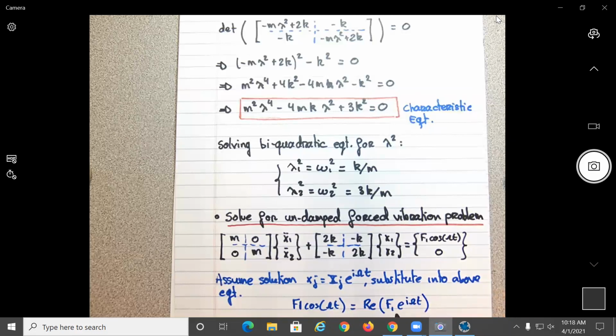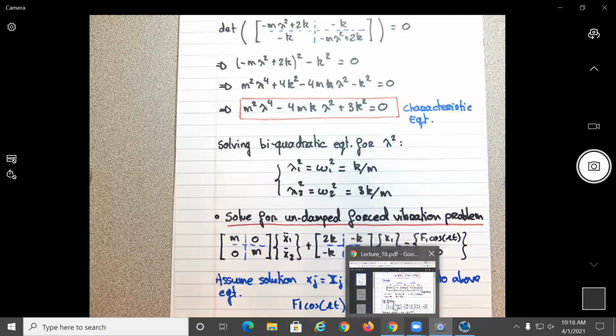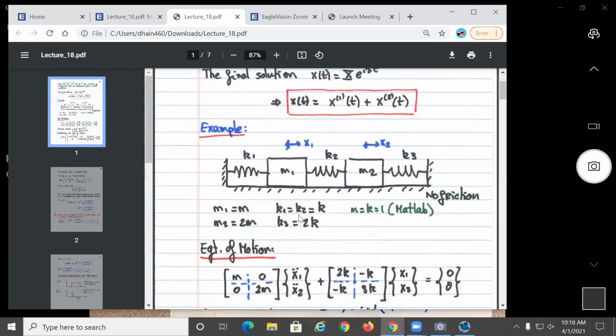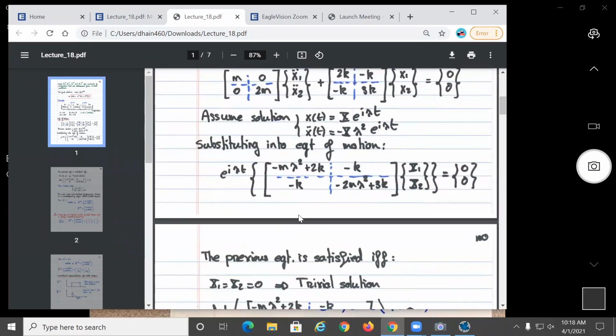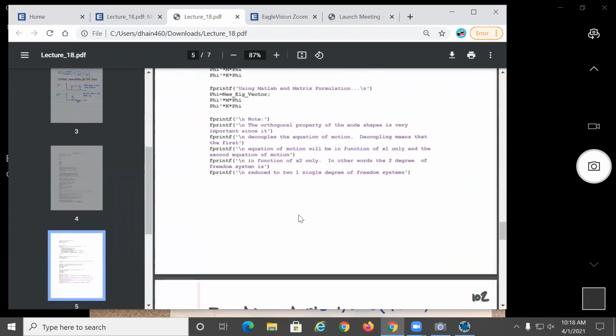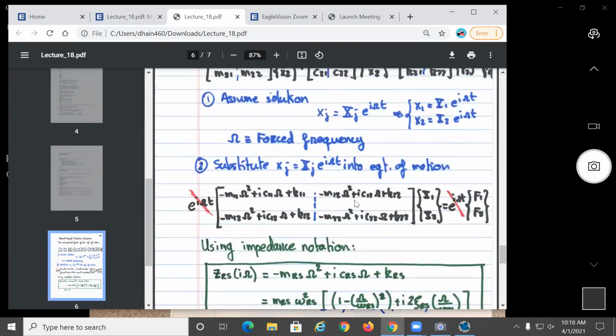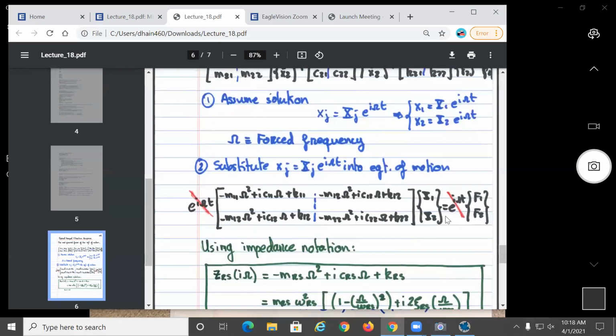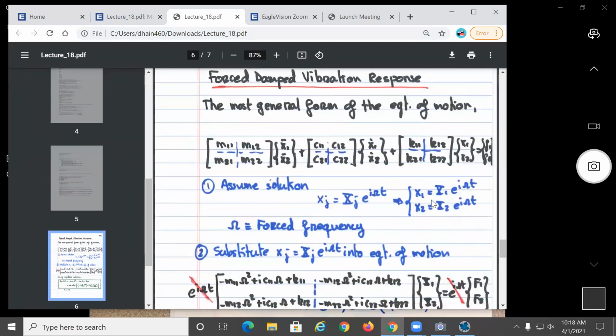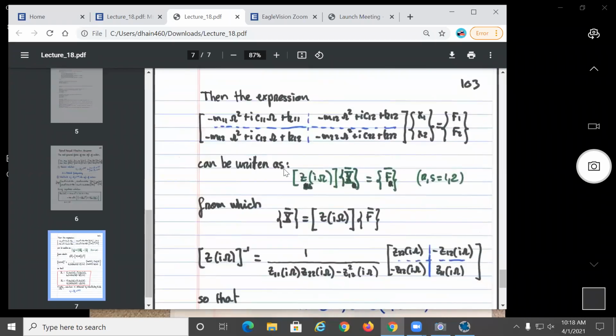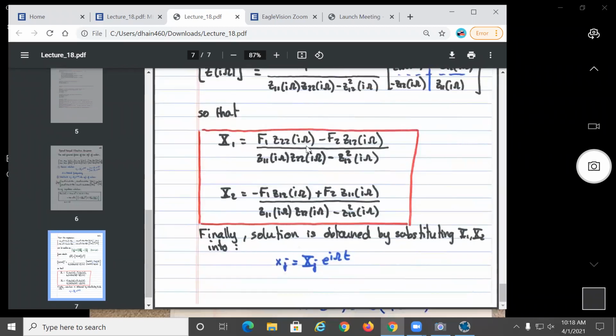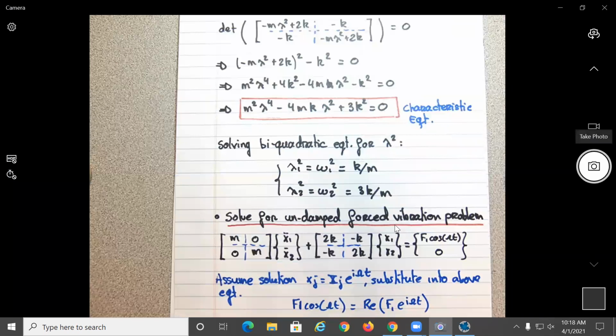To the real part of this one, no? Why is that important? This is what we did the other day. Because now, when you come to this step, you can cancel this one, no? I'm not going to redo it over here, but this is basically what we are doing. We did all this the other day, and at the end, we found that the expressions for x1 and x2 were equal to these 2 expressions.